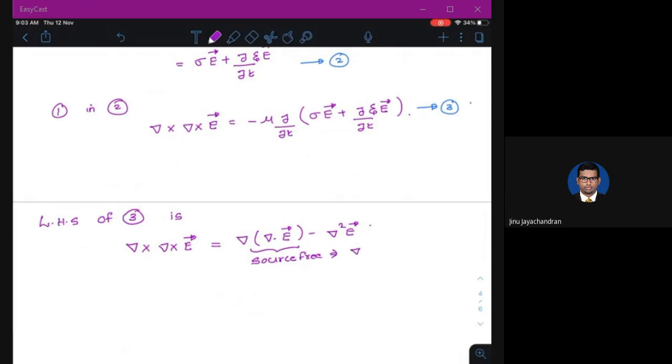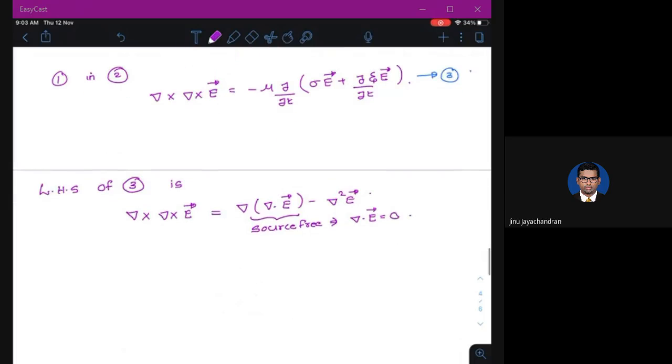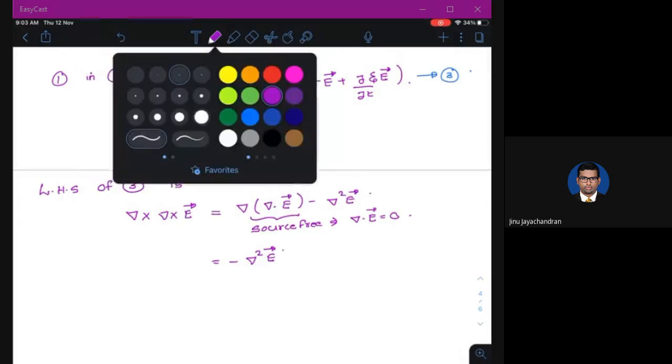So I can write this as minus del square E. Let's say this is equation number 4.